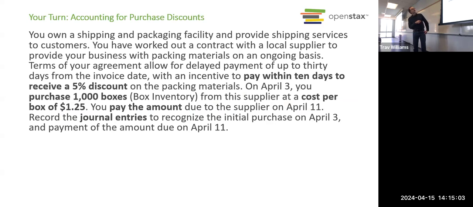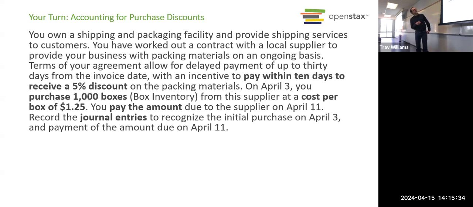All right. Yeah, okay, I remember this one. So we make a purchase. We buy 1,000 units at $1.25 each. $1,250 of boxes that we just purchased. And if we pay within 10 days, we'll get a 5% discount.